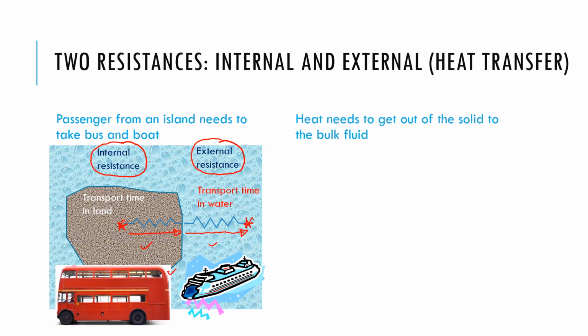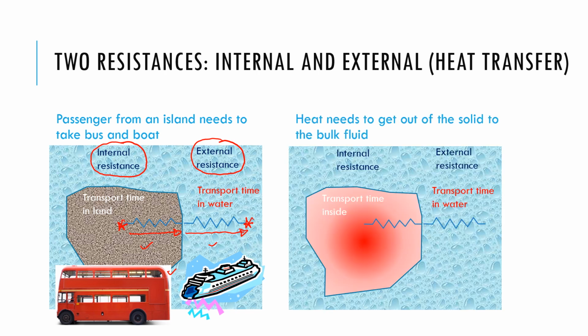And so let's now bring in heat transfer. We can think of heat transfer in exactly the same way. Let's say we have this hot object in a cold fluid. Then thermal energy from inside has to first come to the surface to be able to cool this solid. But coming to the surface is not enough.